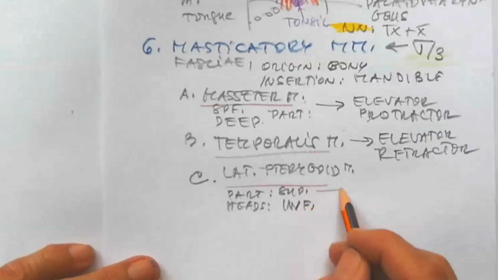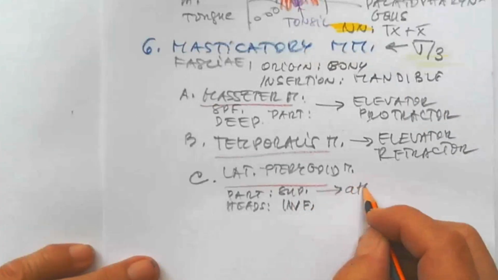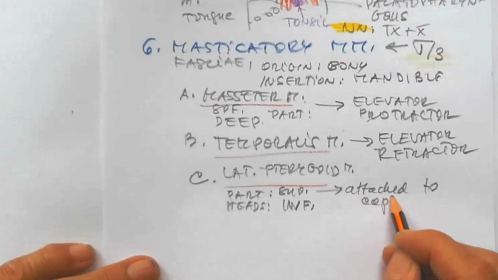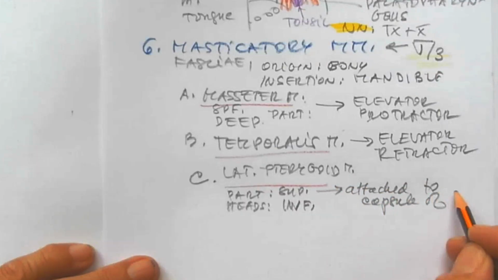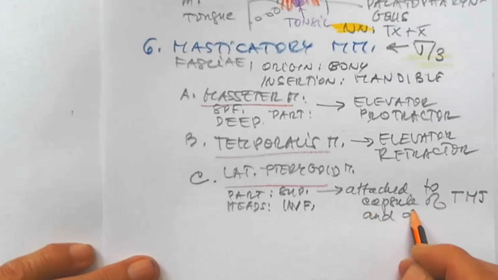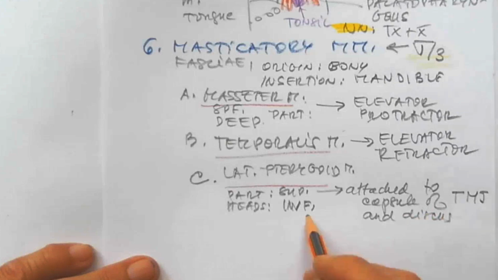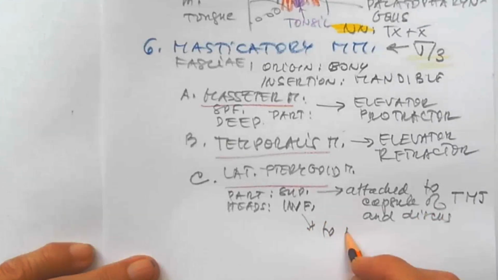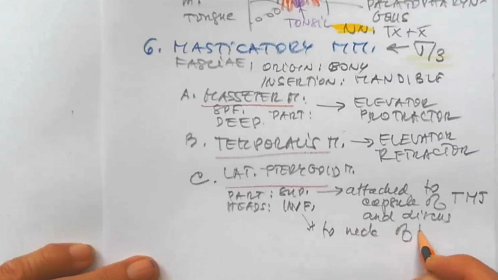Just note that superior is attached to the capsule of the temporomandibular joint and disc, and inferior is attached to the mandible, to the neck of the mandible.